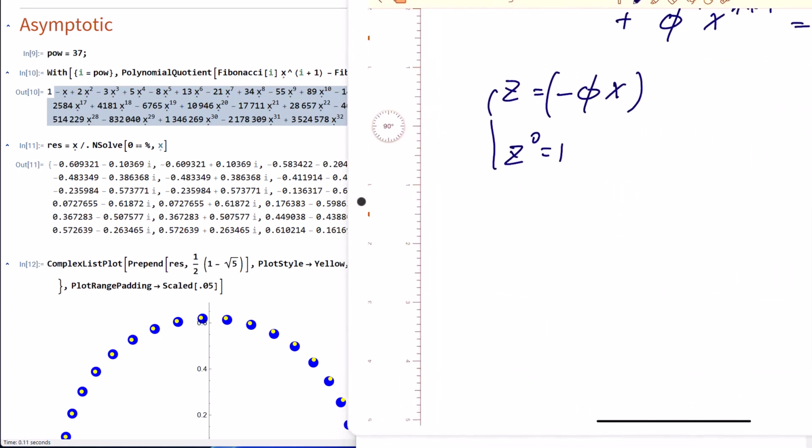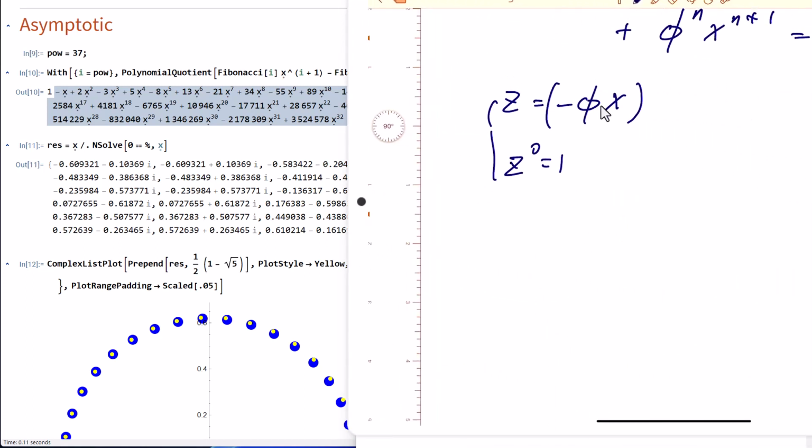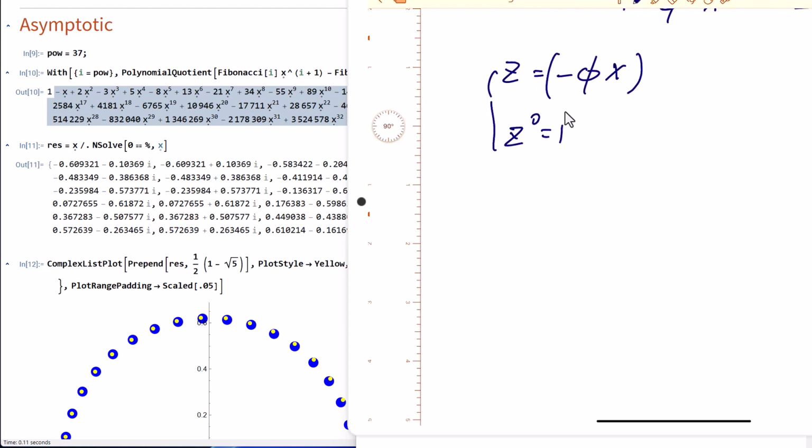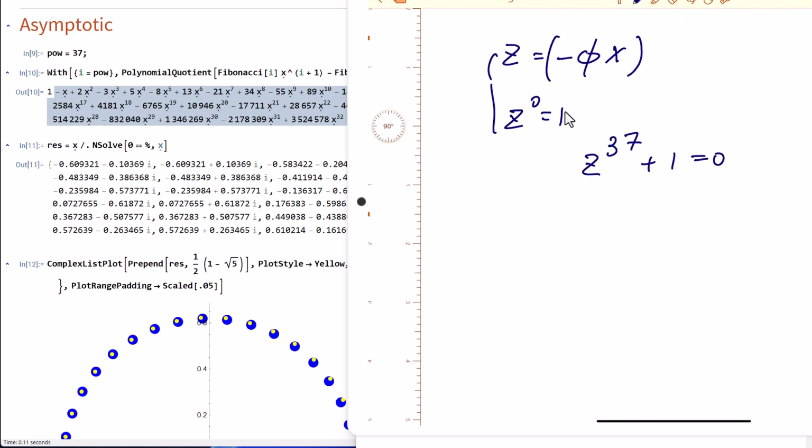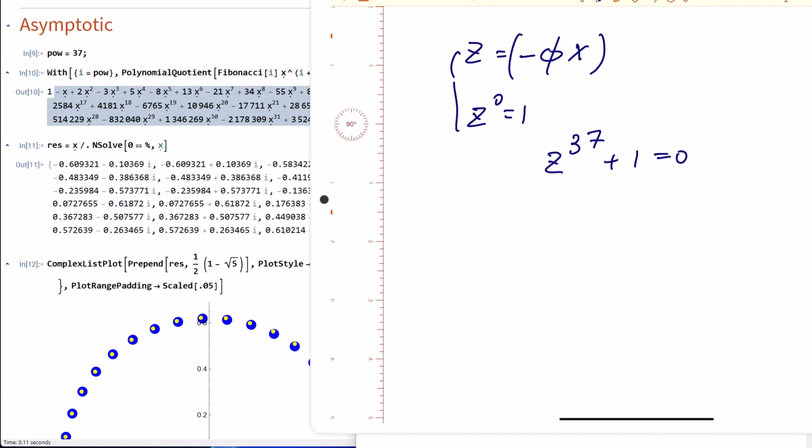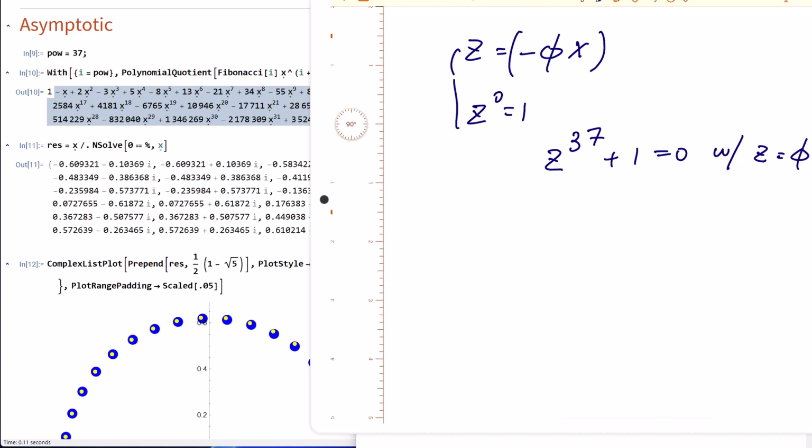Okay, so what we have here is, because minus 1 to the power of 37 is minus 1, eventually we'll have this thing, 37 plus 1 equal to 0. And with z equal to, because we already moved the minus sign to the outside, we can just write z as phi x here, right? Because the minus sign is already moved out.